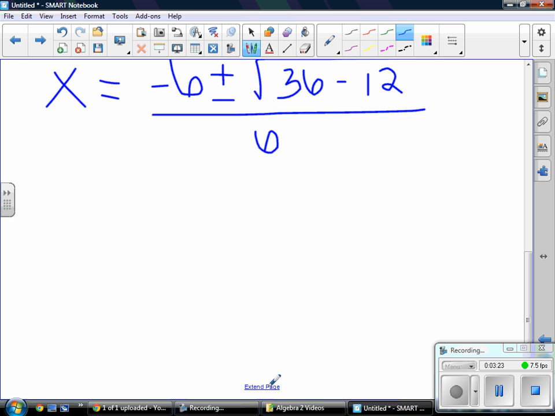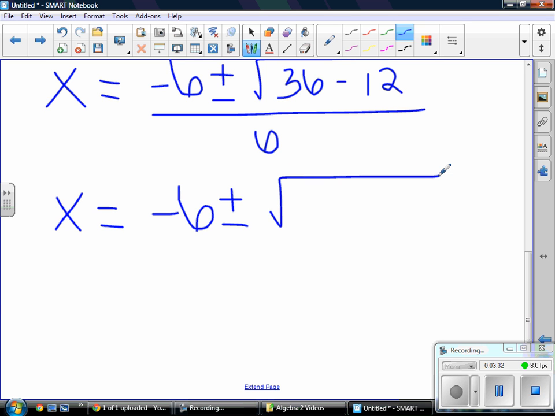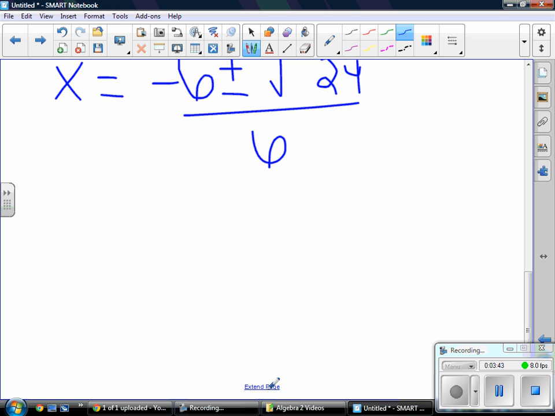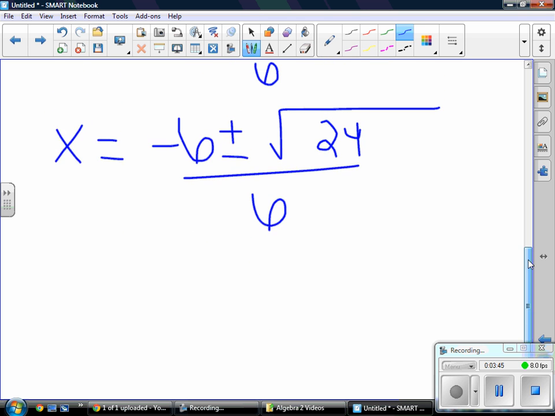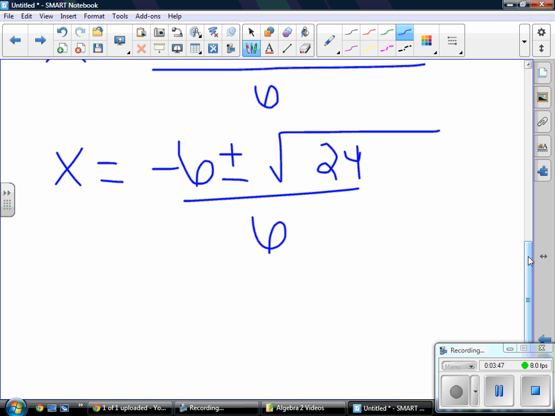Okay. So I'm going to simplify this some more. Negative 6 plus or minus square root of 36 minus 12 is going to give me 24 divided by 6. Now, I don't know the square root of 24. The square root of 25 would be 5, so I know it's kind of close to that. But the book is leaving your answer with a radical and plus or minus.